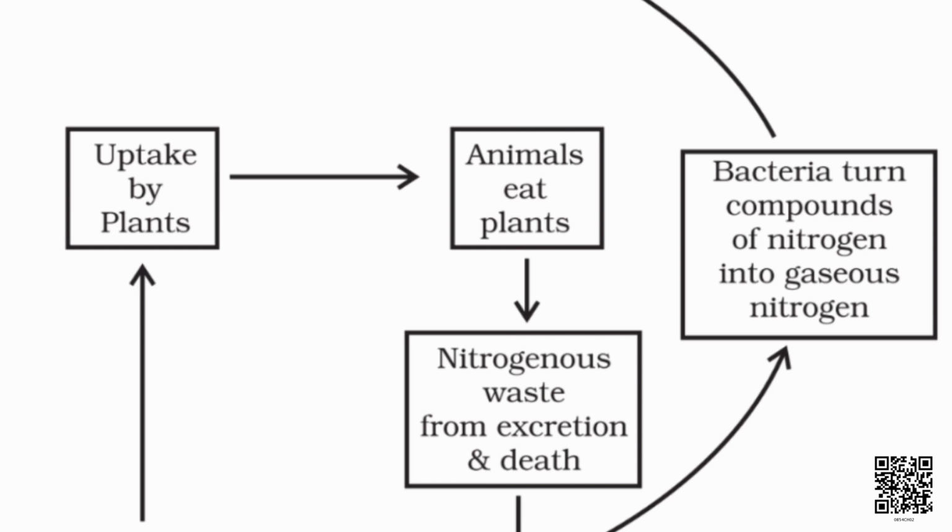Nitrogen is used by plants for making proteins and other compounds. These plants are eaten by other animals. When plants and animals excrete or die, bacteria and fungi present in the soil convert nitrogenous waste into nitrogenous compounds to be used by plants again.